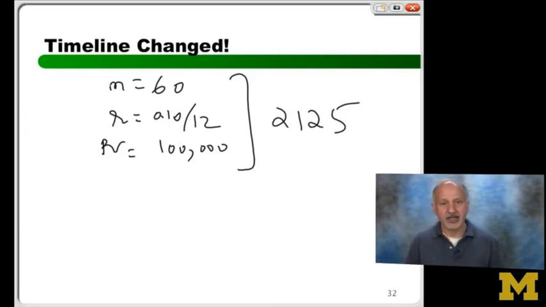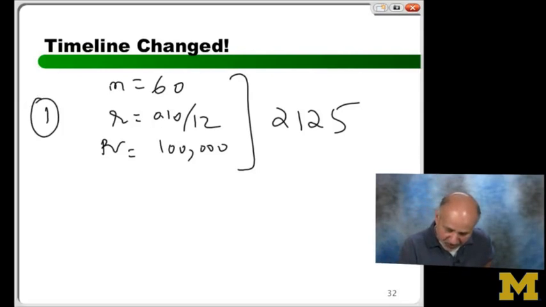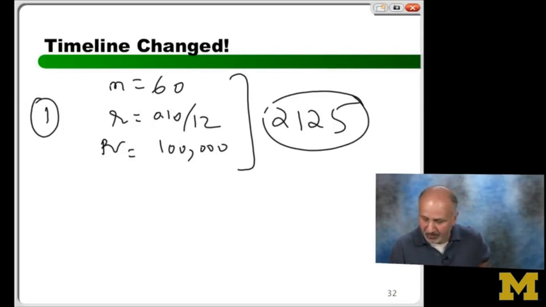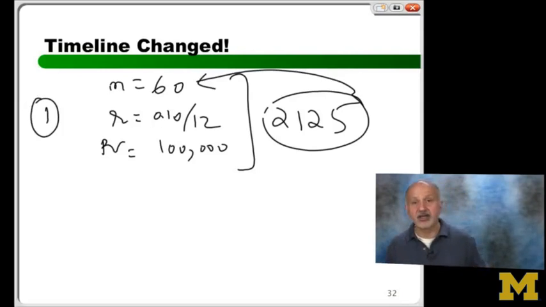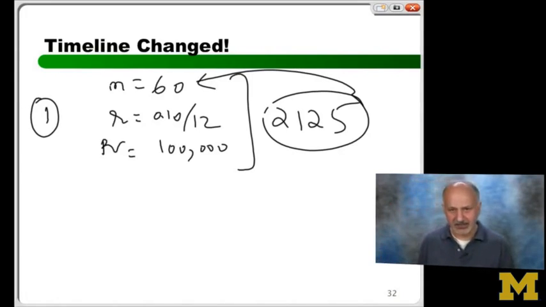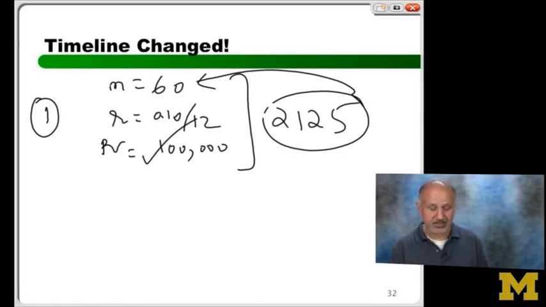Yes, it is. So the question now is, this is question number 1. How many of these will I pay? Obviously, 60. I will encourage you to do one exercise. What is the present value of paying 2125 at that interest rate 60 times? Answer has to be this, the amount of the loan, right? Let me ask you, how much will you owe after 30 months?